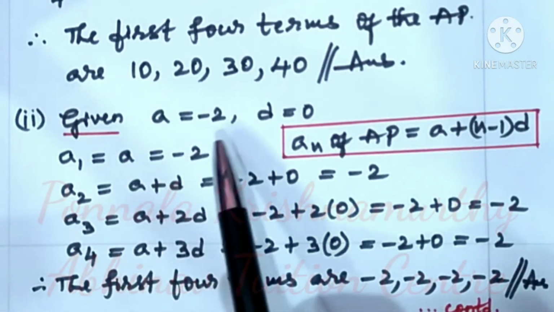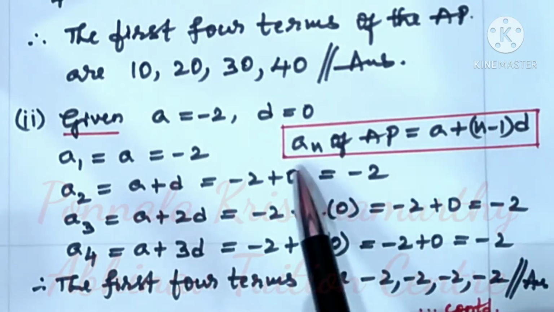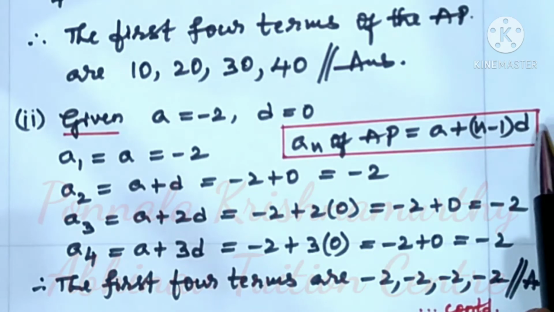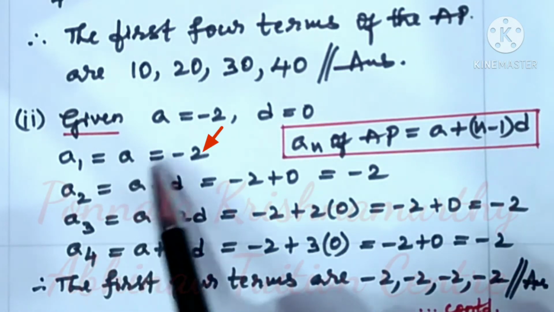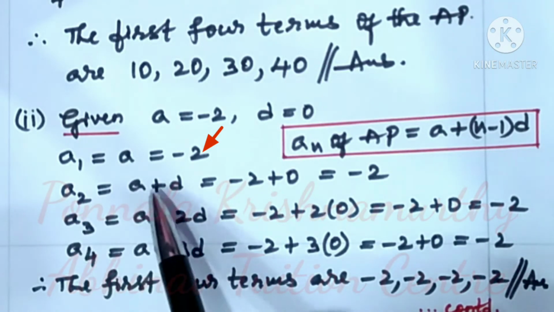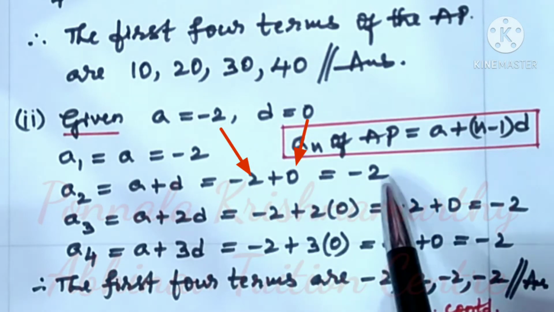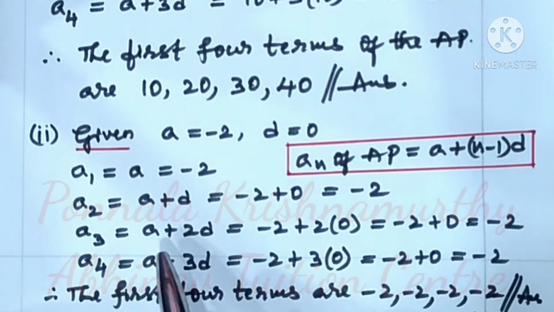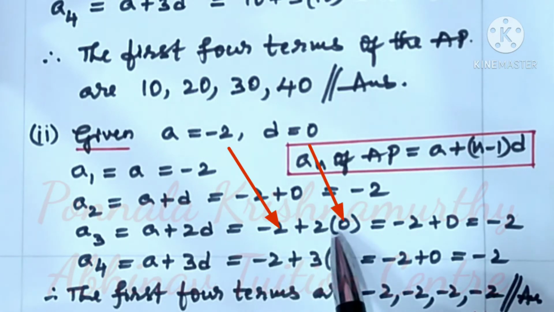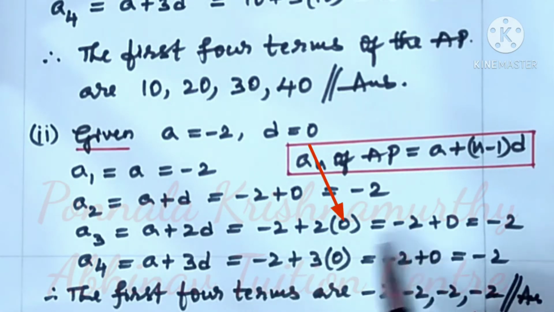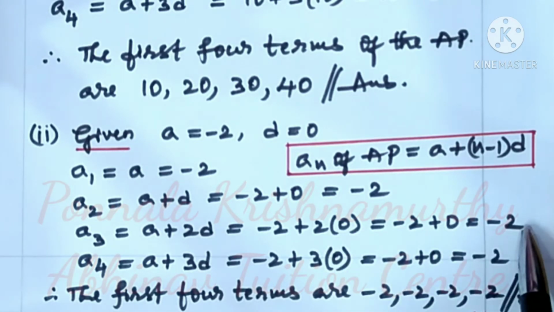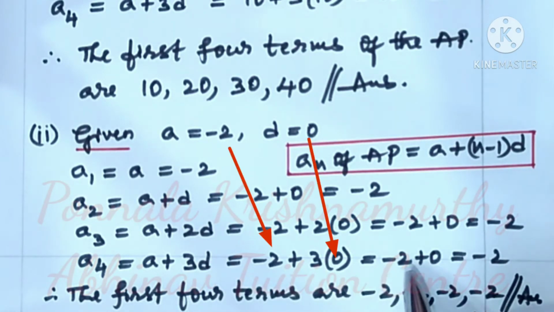Second one, given a equal to minus 2, d equal to 0. An of AP is equal to a plus n minus 1 into d is the formula. a1 is equal to a, that is equal to minus 2. a2 is equal to a plus 1d, that is d, that is equal to minus 2 plus 0, that is minus 2. a3 is equal to a plus 3 minus 1 into d, that is a plus 2d, that is equal to minus 2 plus 2 into 0, which is 0, that is equal to minus 2. a4 is equal to a plus 3d, that is equal to minus 2 plus 3 into 0, which is 0, that is equal to minus 2.